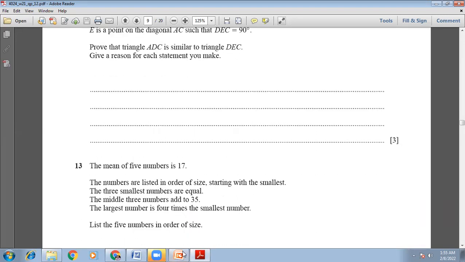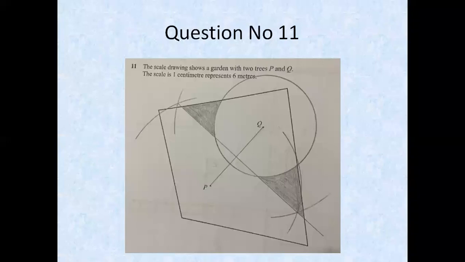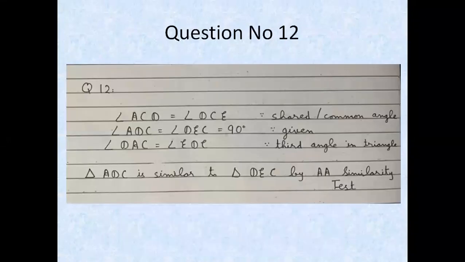Okay, so let me show you the written statements. In the triangle ACD and the triangle DCE, they have a common angle. The angle ADC is equal to the angle DEC, equal to 90, that is given. And the third angle will obviously be equal to each other.